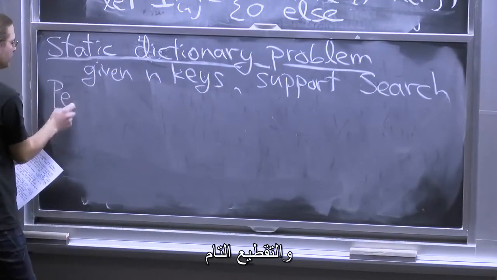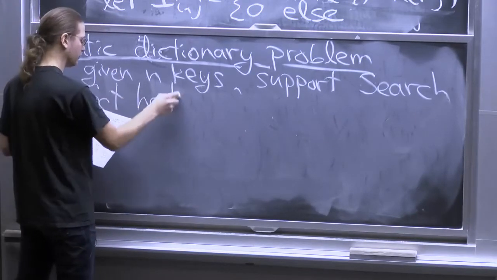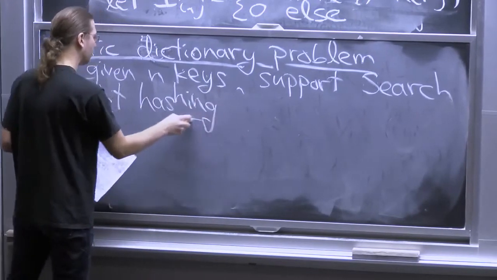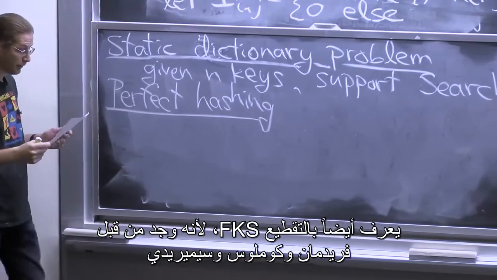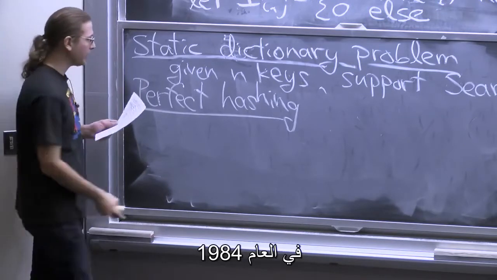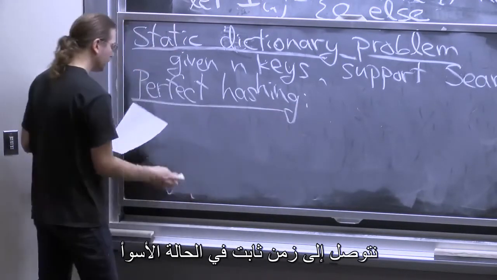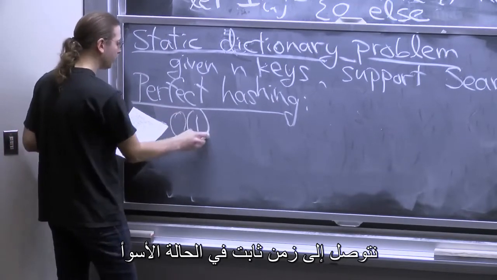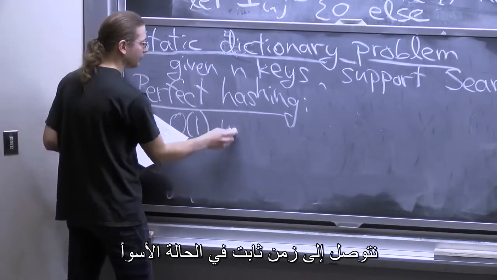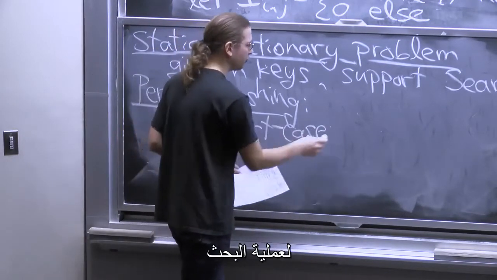And perfect hashing, also known as FKS hashing because it was invented by Fredman, Komlos, and Szemerédi in 1984. What we will achieve is constant time worst case for search.